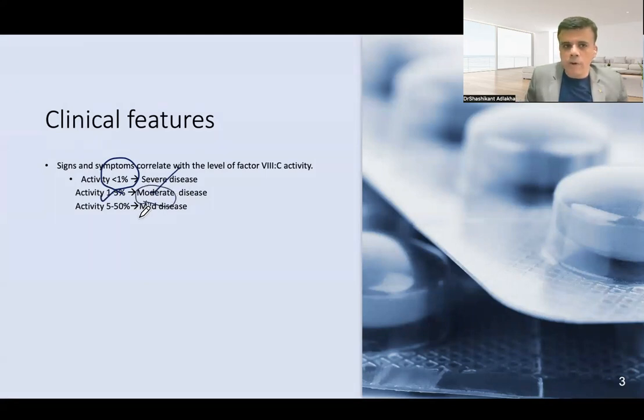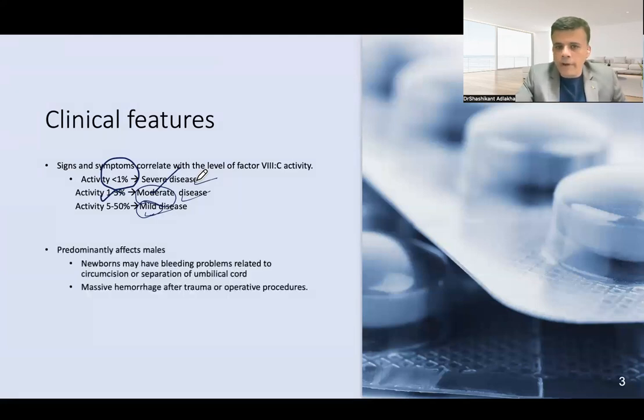If factor 8 is 5 to 50% of normal, it is called mild hemophilia. So this is how hemophilia is classified as mild, moderate, and severe.